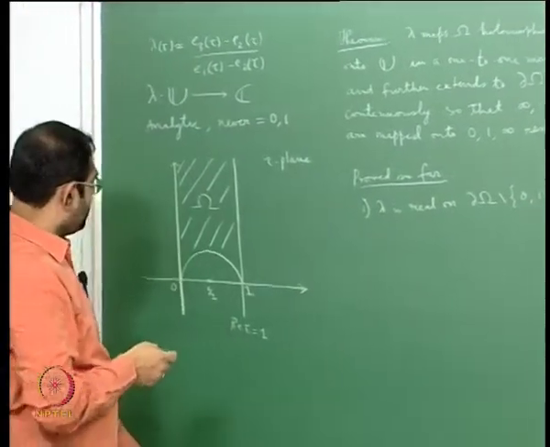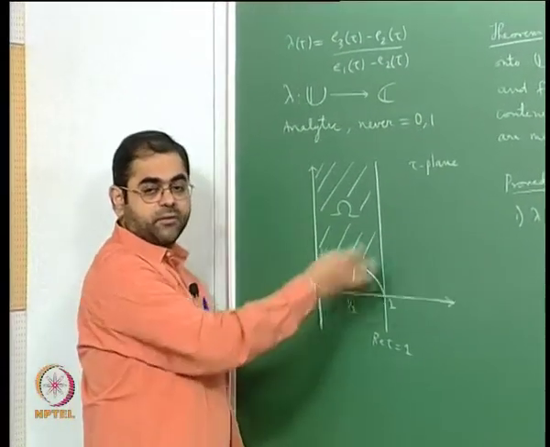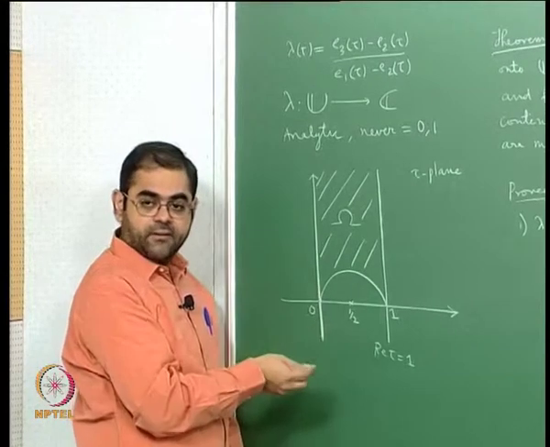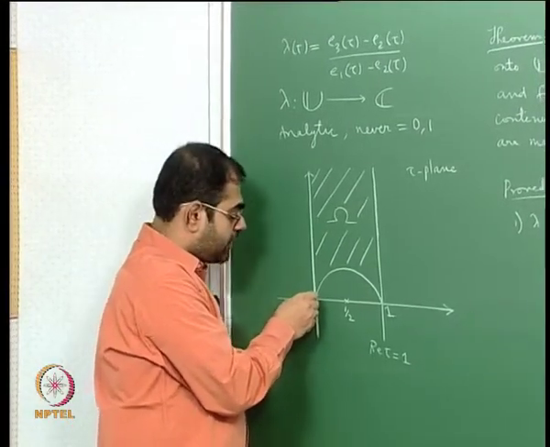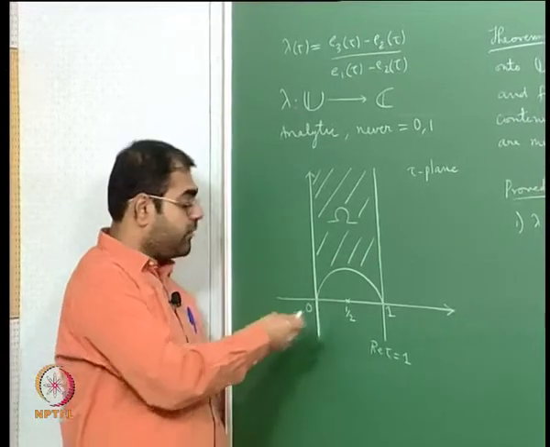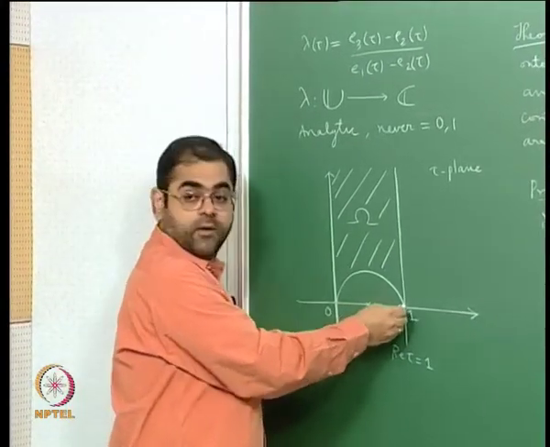So you see what I want you to understand is lambda is already defined and analytic on the upper half plane, so the really difficult points in the boundary are the points 0 and 1, okay.